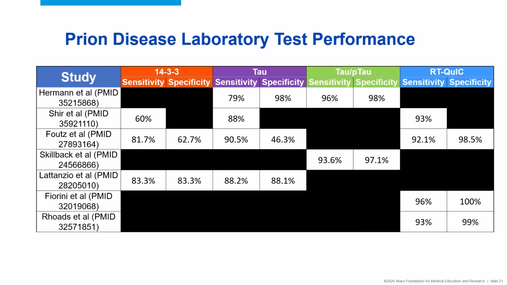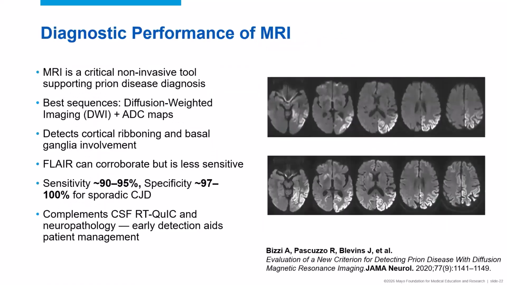And so I think everybody in the field at this point appreciates that, of all the tests available, RT-QuIC has the highest diagnostic performance for identifying prion disease, particularly in the situation where there's concern for a disease mimic.